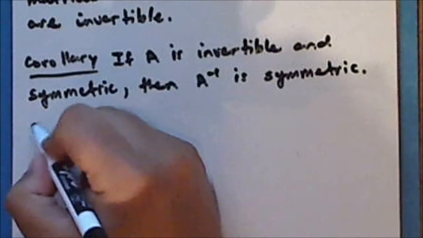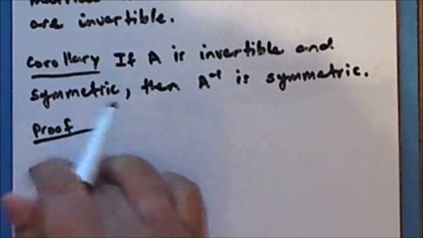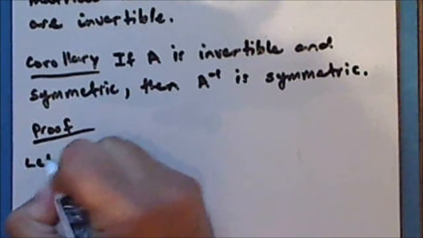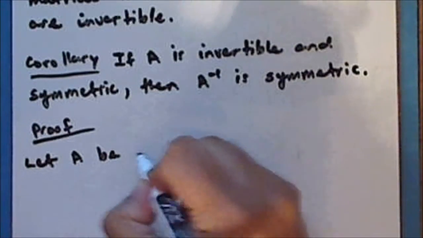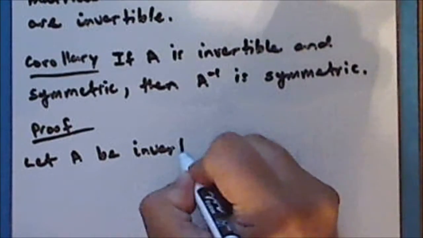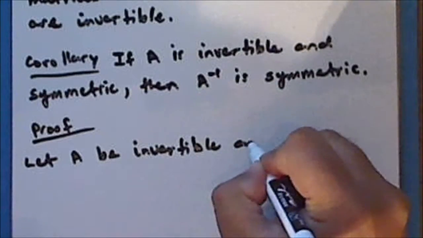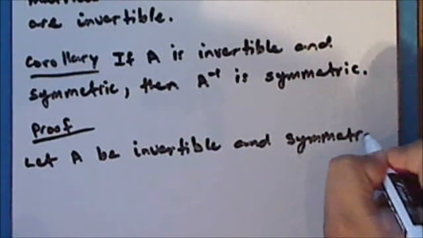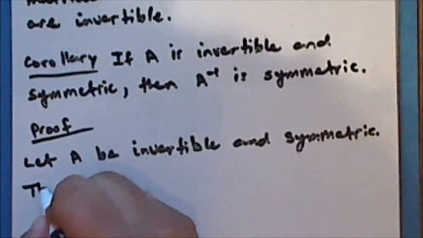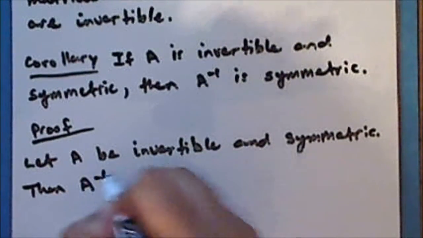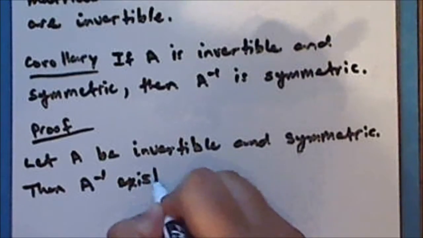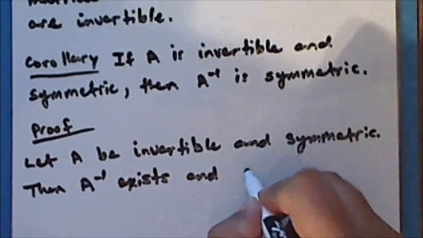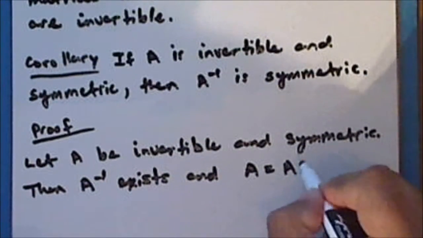So proof. Let A be invertible and symmetric, then the inverse of A exists and A is equal to its transpose.